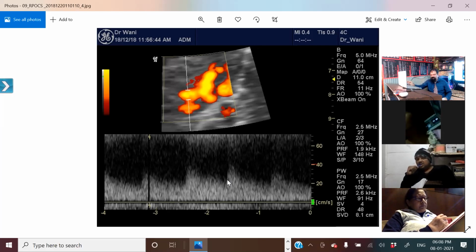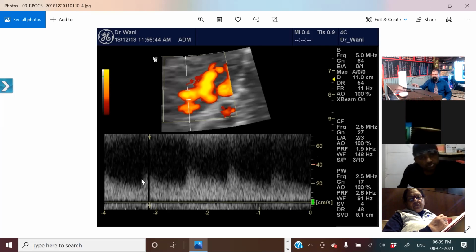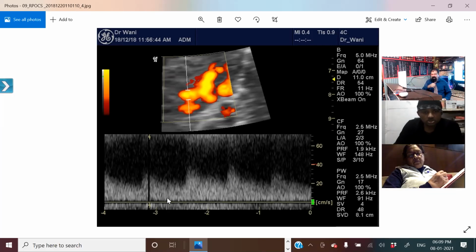So with time and experience, you will be able to take the flow from these vessels of the RPOC, and if you see a high diastolic flow, that means low resistance. If you have not yet taken color Doppler, you will not understand low resistance and these S by D ratios. When you take the color Doppler course with us, you will understand what a low resistance flow is. Low resistance flow means high diastolic flow.